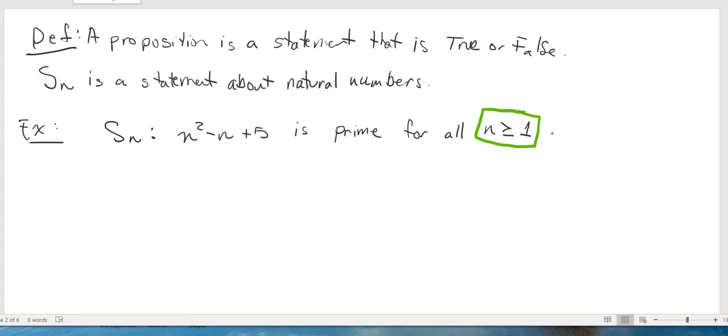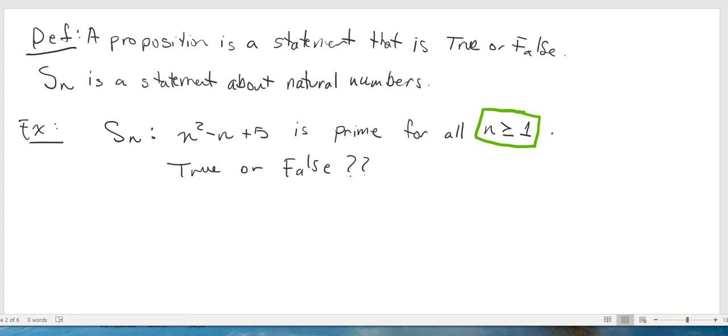True or false. Okay, so let's test it out. Let's see what's going to happen here. Let's test the first number on the list, starting with 1.